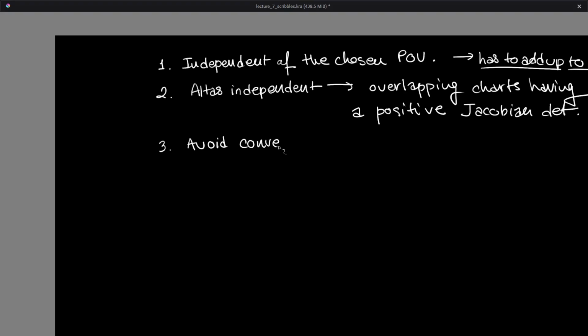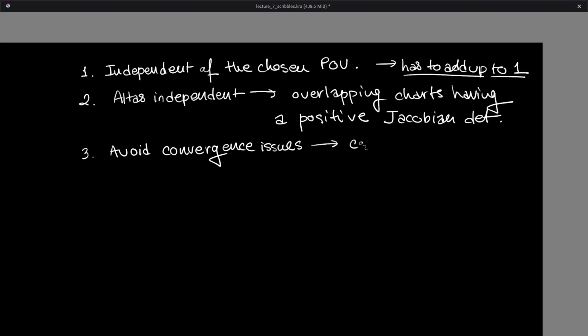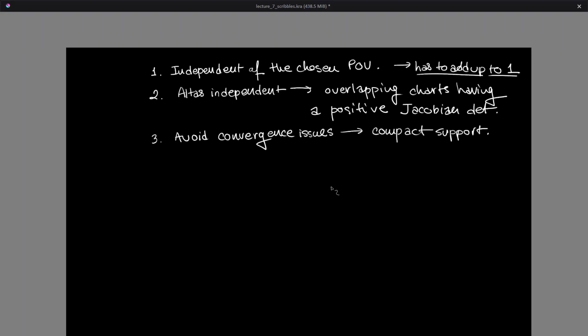So convergence is always a problem, right, with integrals. So we avoid convergence issues by having that part on the compact support. That's why that exists. The compact support means that unless we have an infinite value anywhere in the support subspace, there's no way that we could get an infinite or asymptotical value, right? So if everything is finite inside that compact support, we can't get an infinity by adding too many numbers together. So that's how we deal with that.